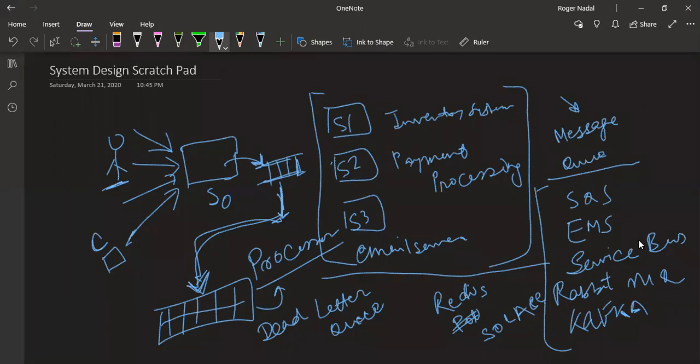And then you can have other processors that keep polling the dead letters and try to reprocess. Or you might not want to process your dead letters right away. For example, if there is some bug in S2 in the payment service, it's as good as first fixing that bug and only then reprocessing your dead letters, because if you reprocess them again, they will just end up in the dead letter again.